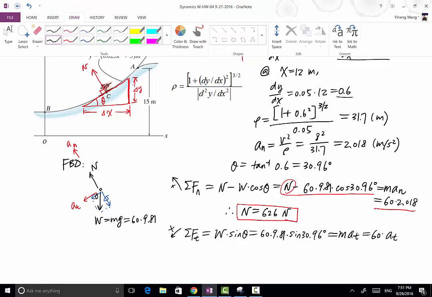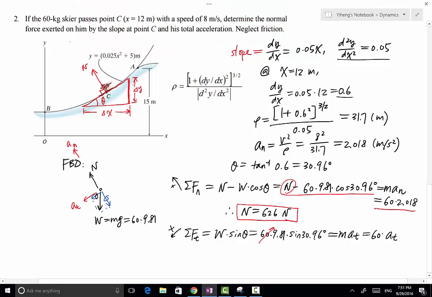So as you can see, the mass 60 can be canceled out from both sides of the equation. Therefore, at simply equals 9.81 times sine 30.96 degree. So from there, at can be solved to be 5.05 meter per second squared.